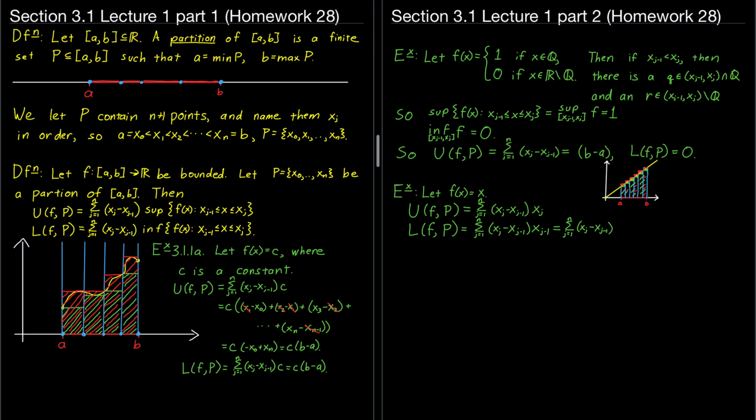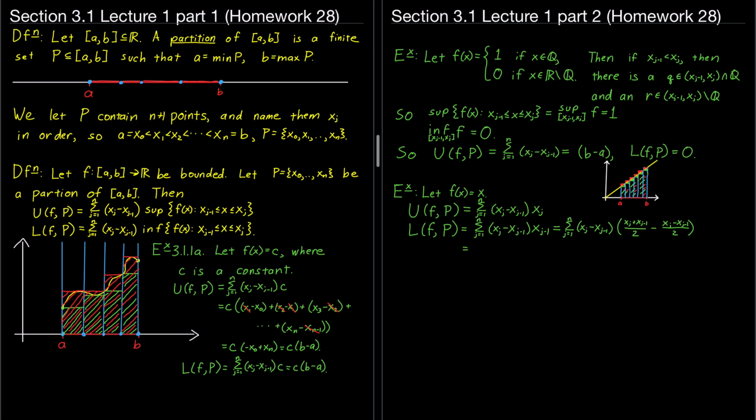Let's write that xj minus 1. We're going to write xj plus xj minus 1 over 2, and then we'll subtract from it xj minus xj minus 1 over 2. And if you do your algebra, you'll see that these are indeed equal to each other.